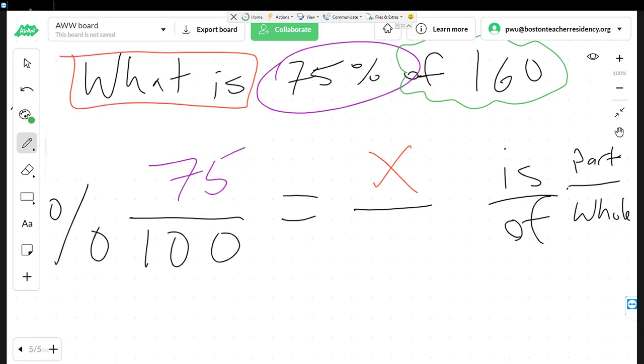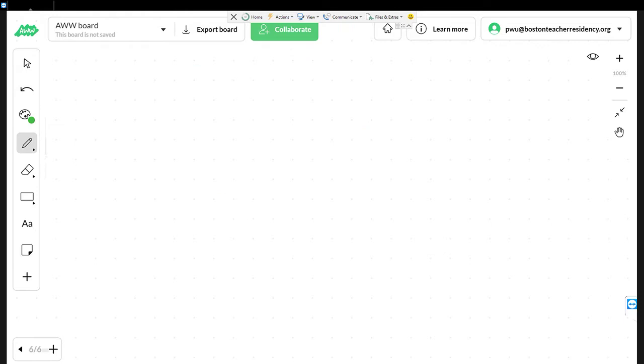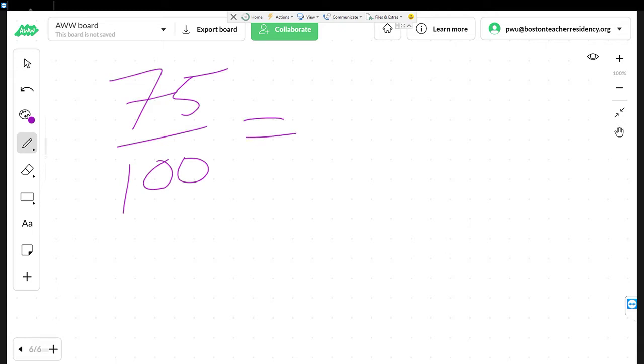And for our of, we have 160. Once again, these are not easy to work with, so we have to simplify. 75% is 75 out of 100, which is going to be equal to something.